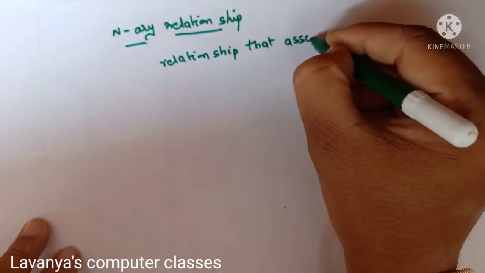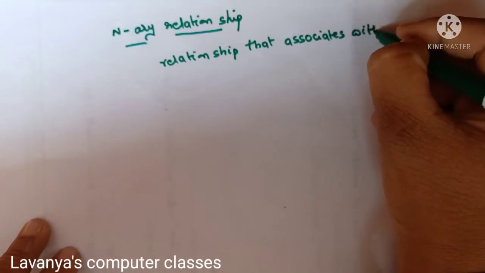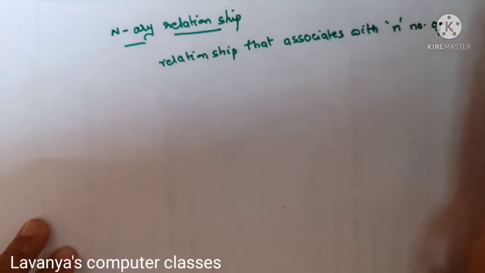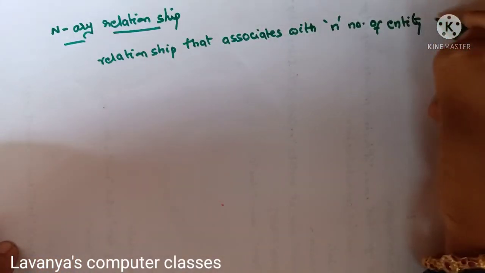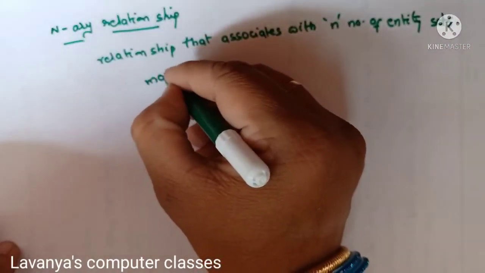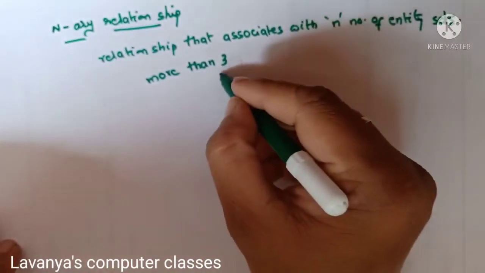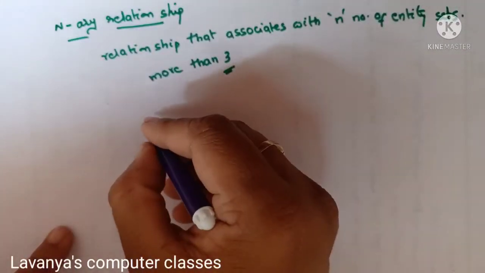A relationship that contains an association with more than 3 entity sets is known as an n-ary relationship. N is any number. More than 3, because up to 3 have proper names.